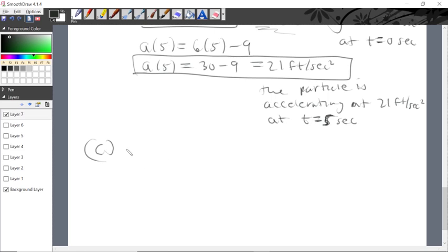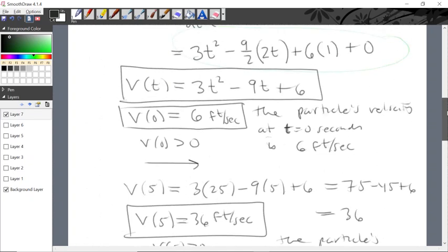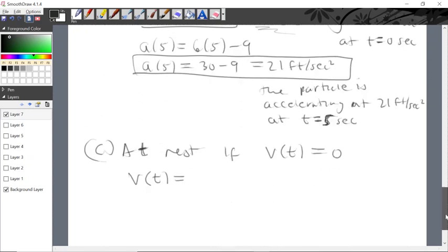So, object at rest: at rest if the velocity function is equal to 0. Okay, so let's solve for that. Well, the velocity function was the quadratic 3t squared minus 9t plus 6.